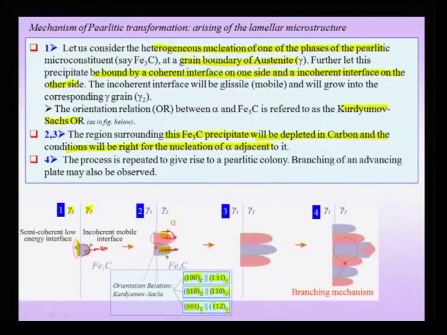We already noted cementite is an orthorhombic structure, and we are noting the orientation relationship. Though at this stage this is a little advanced topic for most beginners, we have just noted that there is an orientation relationship between the alpha and Fe3C.